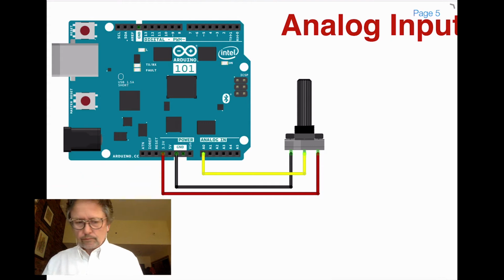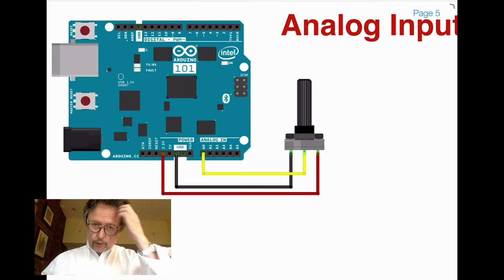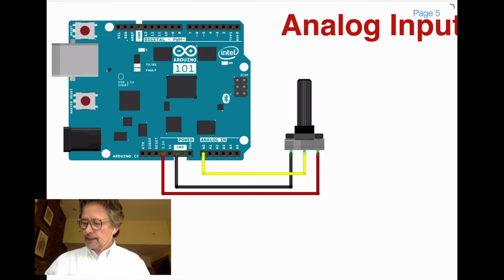So this is how we're going to connect our potentiometer, and I've taken this from one of the tutorials, and you'll see that during the lab. They're very nicely illustrated here, and you can see exactly how to connect things together.